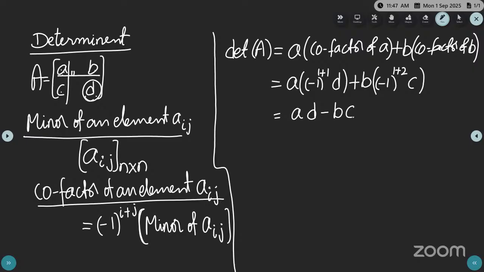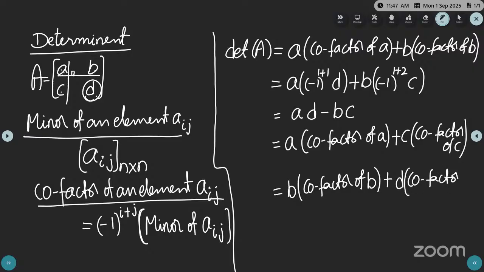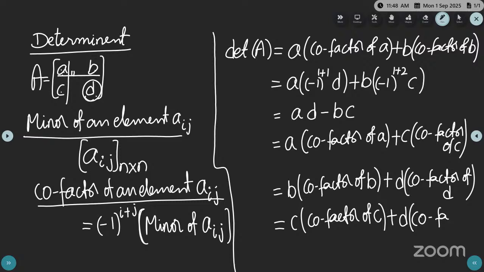This is also same as that of A into cofactor of A plus C into cofactor of C, or B into cofactor of B plus D into cofactor of D. This is also same as that of C into cofactor of C plus D into cofactor of D. So what you can say now?